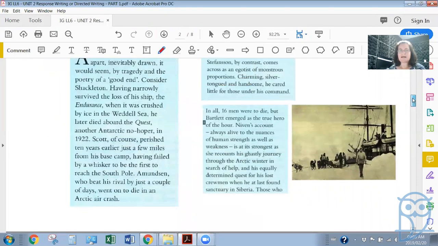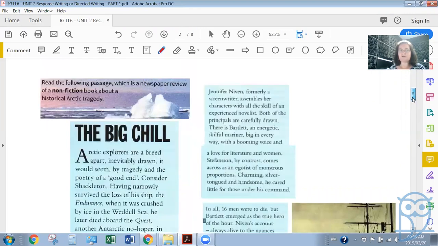For example, this is from the first part of Unit 2, an article called The Big Chill. And it says, read the following passage, which is a newspaper review. A newspaper review. So it's not just a newspaper article, it's a review of a non-fiction book. Okay, a non-fiction book, that means it's based on facts, okay, events that have happened, about a historical Arctic tragedy.